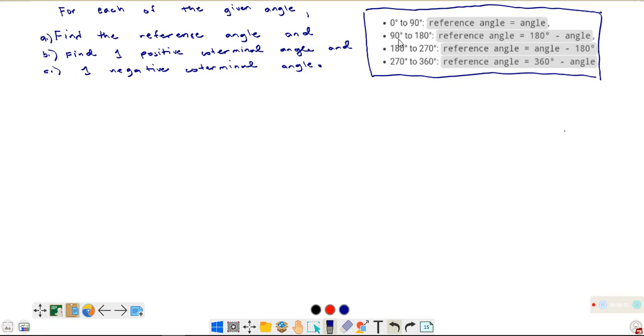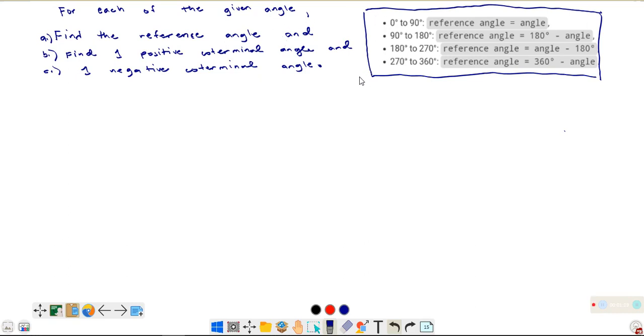If you have an angle that is between 90 and 180, ang reference angle mo is equal to 180 minus the given angle. If your angle is 180 degrees to 270 degrees, your reference angle is angle minus 180 degrees. And if your angle is between 270 degrees to 360 degrees, it is 360 minus the angle.